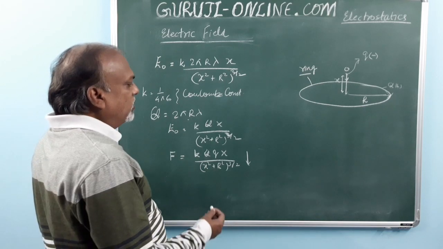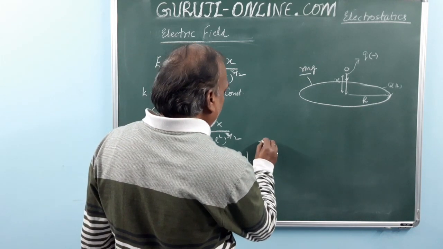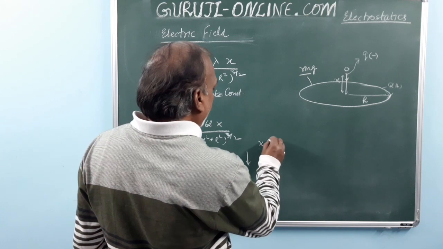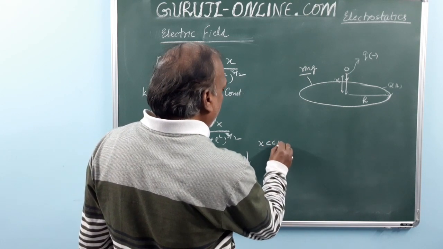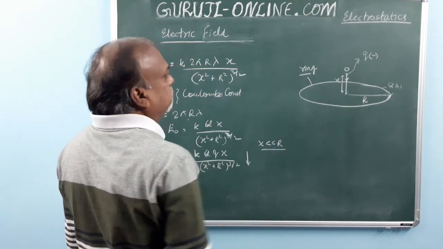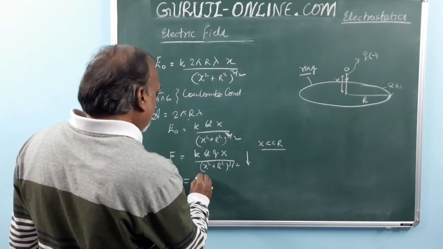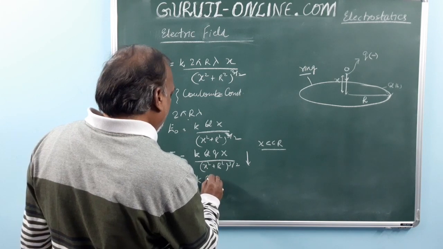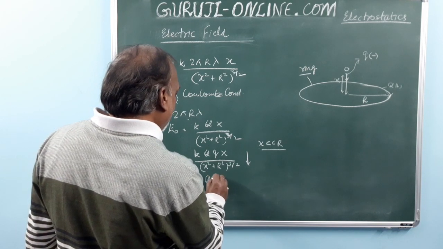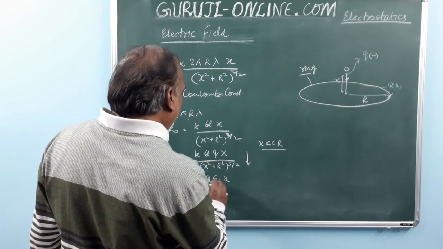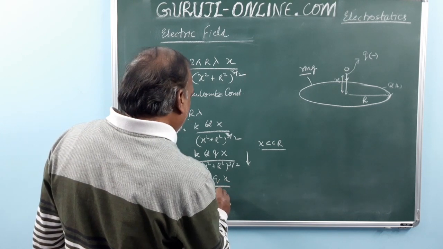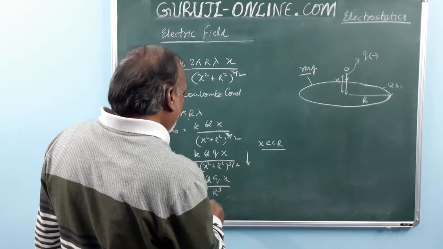And one more assumption, suppose x is very and very less than r, then we can write it as KQ x upon r cube.